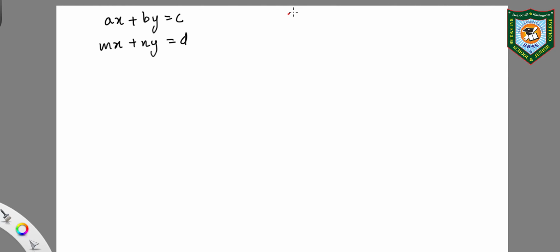This is a1x plus b1y is equal to c1. This is a2x plus b2y is equal to c2.